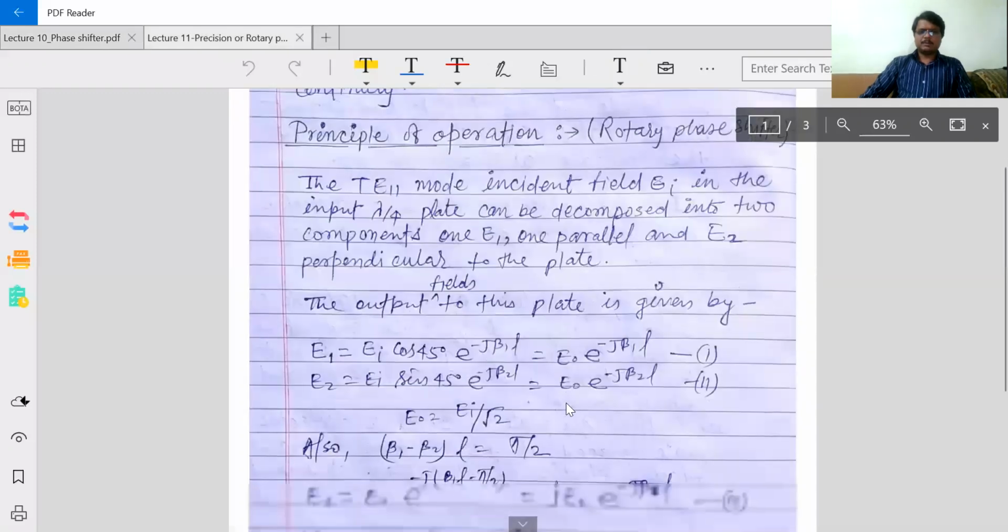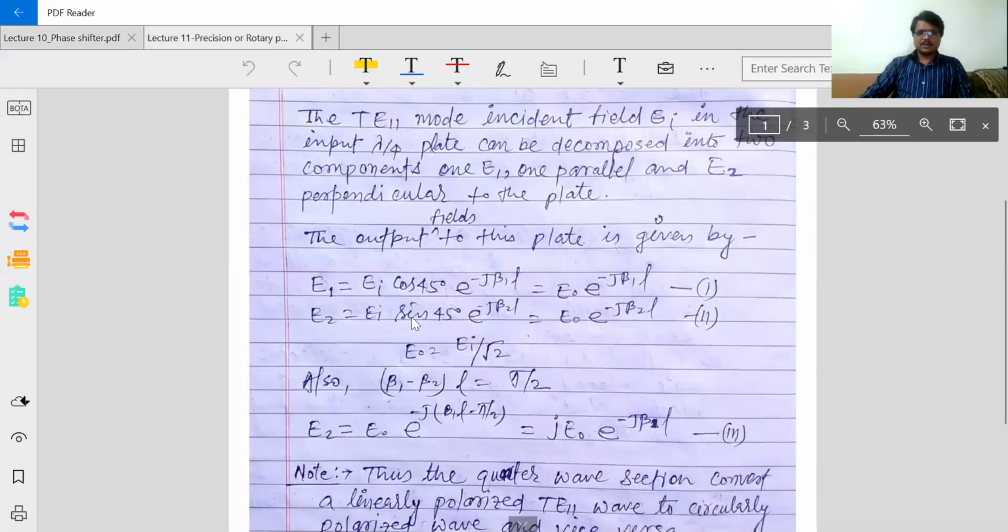So it may be written like Ei cos 45 e to the power minus j beta 1 L, because this wave is traveling through the dielectric medium. This is parallel to the dielectric medium, so it is propagating through the dielectric medium, and E2 is nothing but the electric field which is perpendicular to the dielectric medium, so it is traveling through the air.